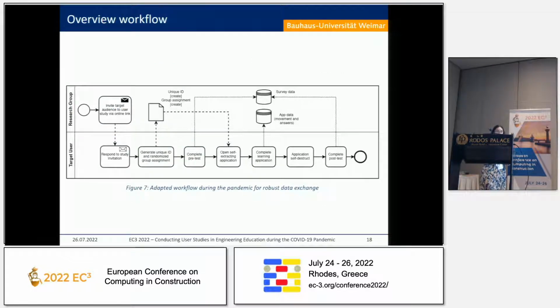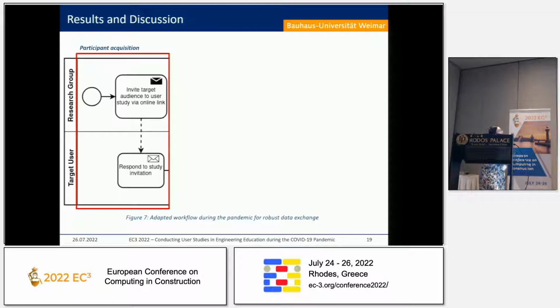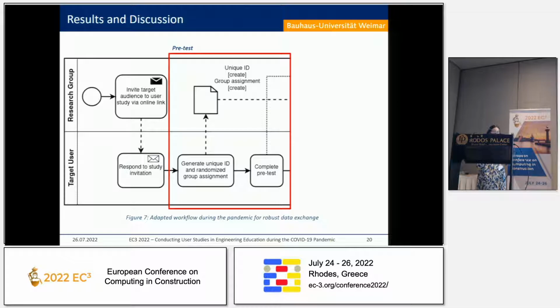For that, we developed a workflow, and I know you can't see anything. I'm going to go into that now. So we invite our target audiences via mail with our online link, like I said, and when they respond to the invitation, we generate a unique ID and assign them to these two groups that I talked about.